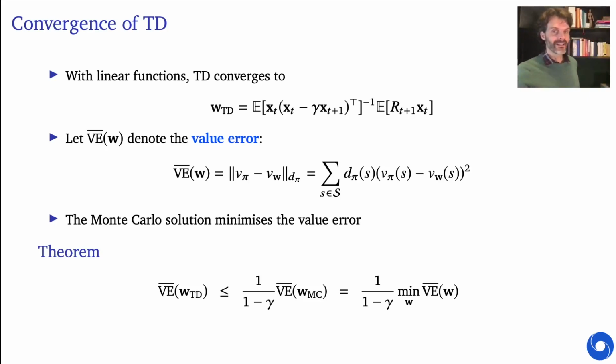But at most, right? It can be at most 10 times smaller, because this says that the error that TD reaches is smaller or equal to this thing. In some cases you can have feature representations, for instance, for which TD happens to find the same solution as Monte Carlo. This is just saying that in the worst case, if your discount factor is 0.9, it could be 10 times larger. Doesn't mean it necessarily is 10 times larger.